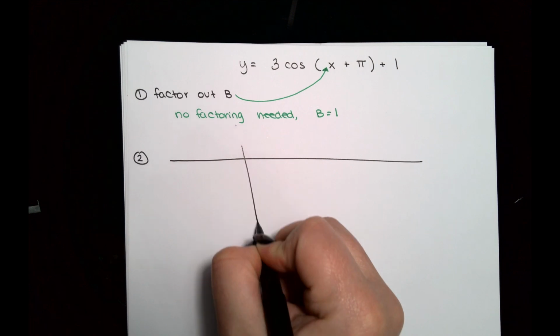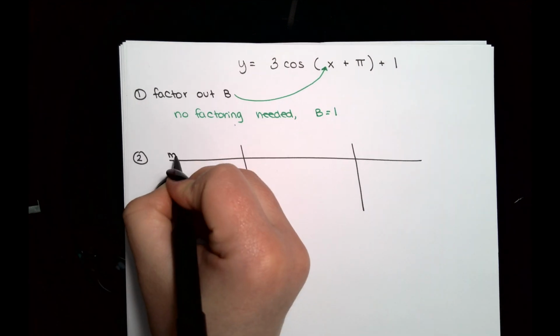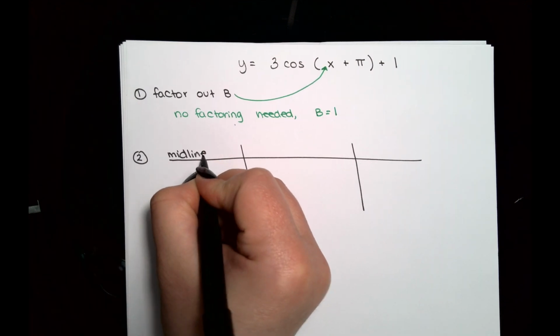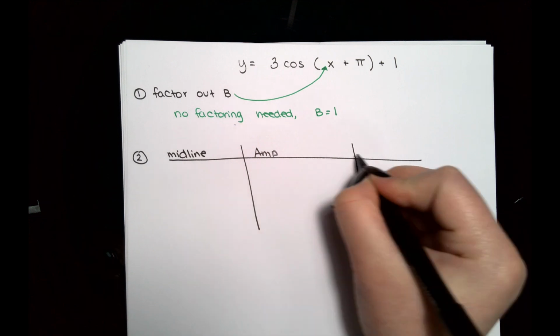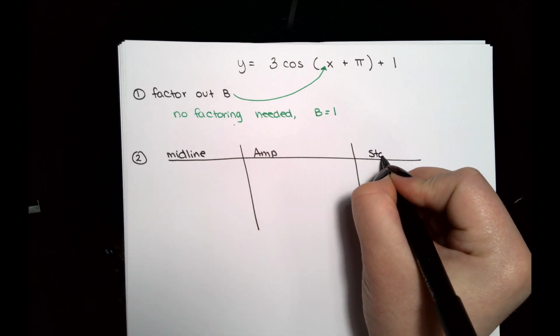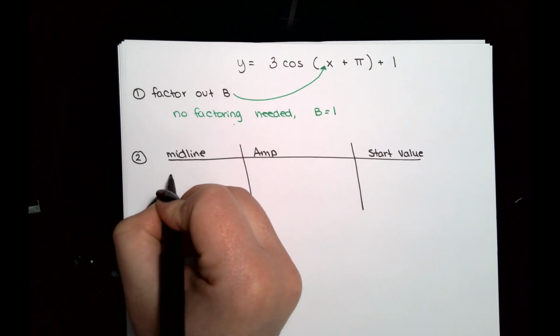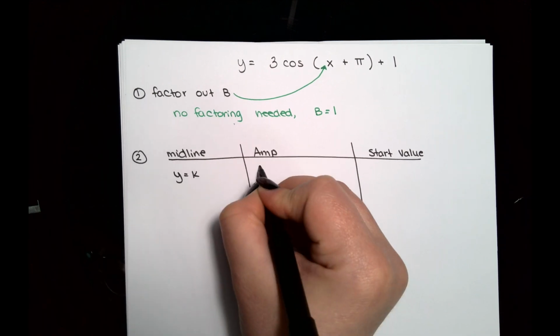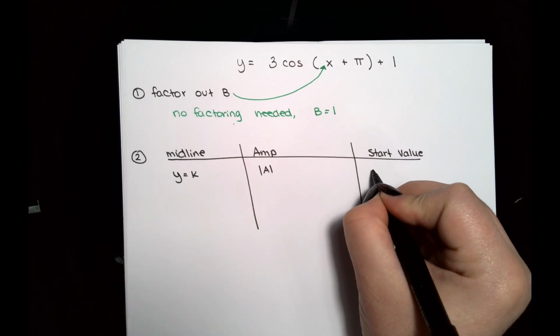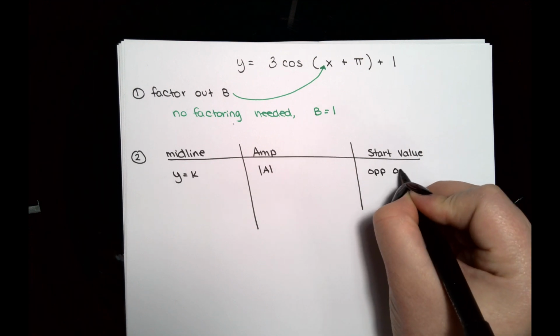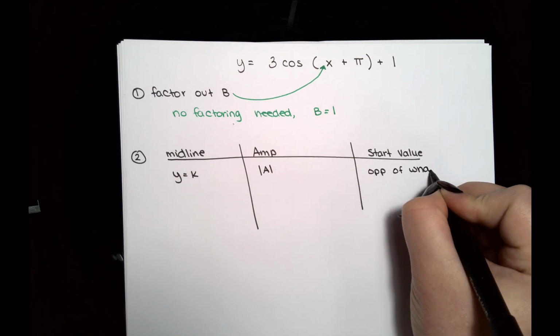Table. We want our midline. We want our amplitude. And we want our start value, or phase shift. Midline is your k value, amplitude is the absolute value of a, start value is opposite of what you see, h.